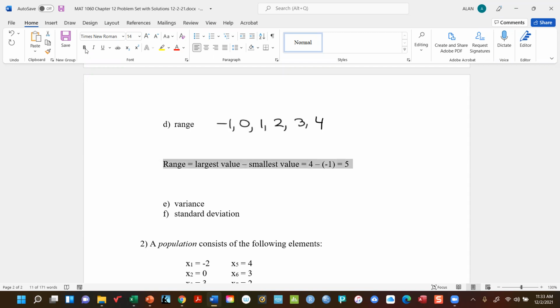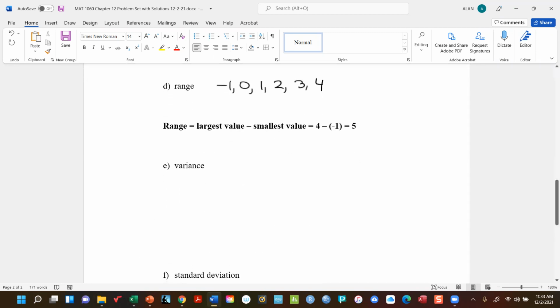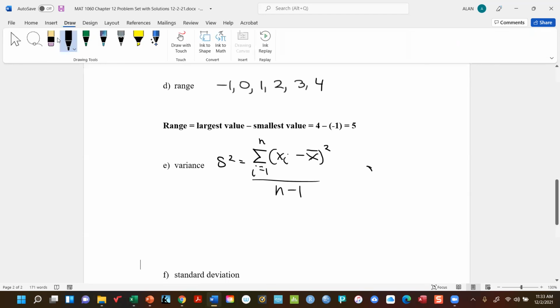Now, the variance is a little tricky. Let me remind you what that formula looks like. What that means is we have to go through all of the data and in each case subtract the sample mean, which in this case was 1.5, if you recall.